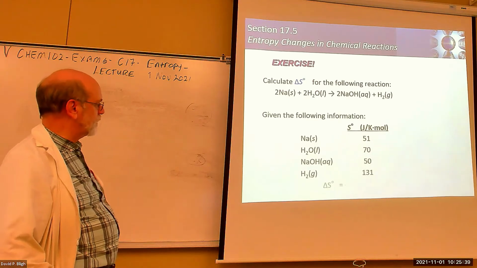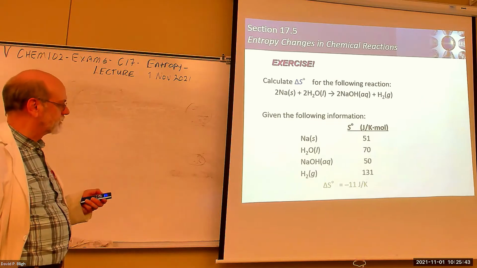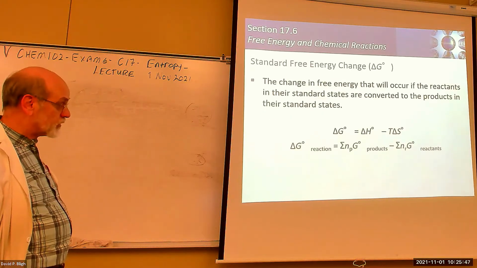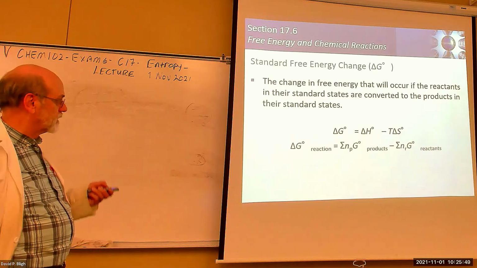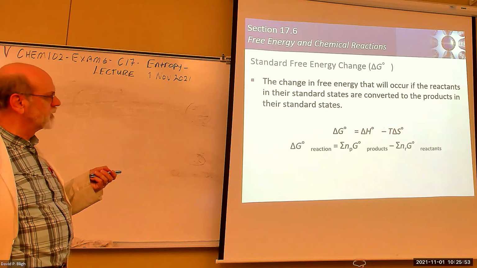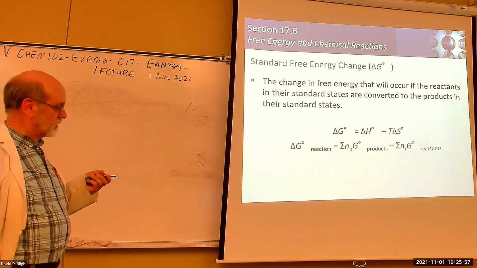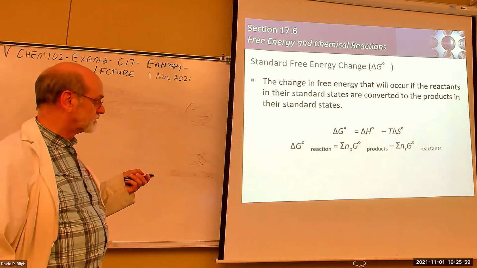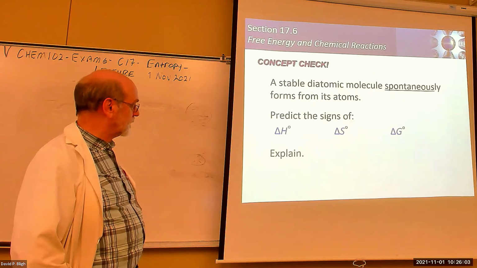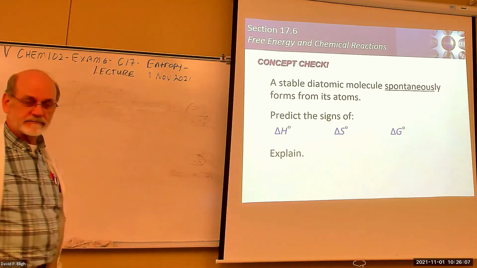And you get the entropy of that reaction. Okay, you can do the same thing with delta G's. If you calculate the delta H and the delta S at a certain temperature, then you can calculate delta G, or you can look it up in a table and get delta G's for the products and the delta G's for the reactants and calculate.